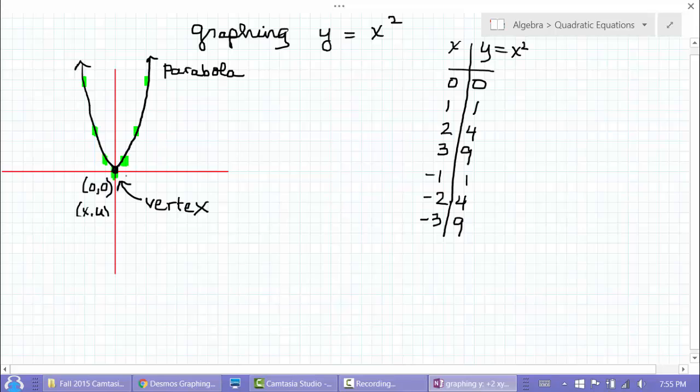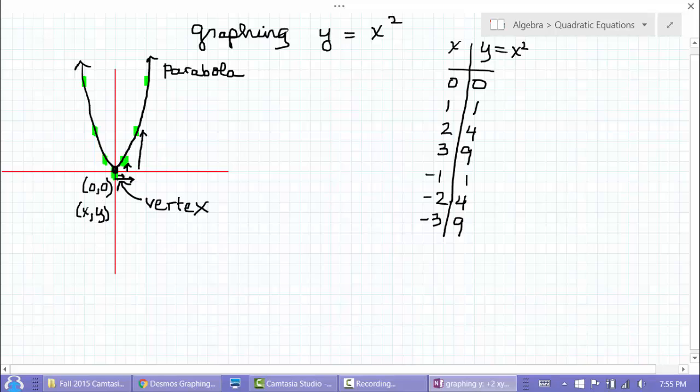As I move away from the vertex, notice how quickly the points on the graph rise. As I move right by 1, the points on the graph also rise by 1. If I start at the vertex and move right by 2, the point on the graph rises by 4.